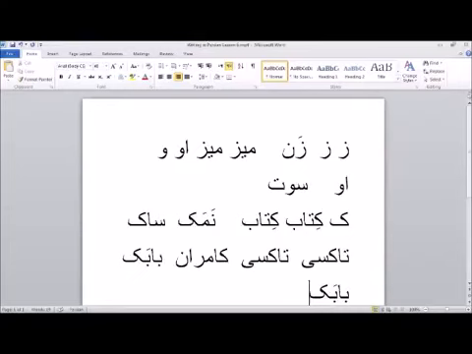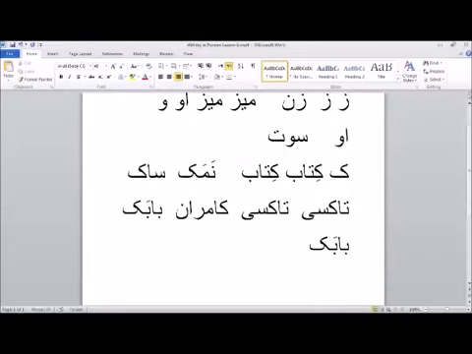Then we have b, a, n, k. Bank, bank for transactions.